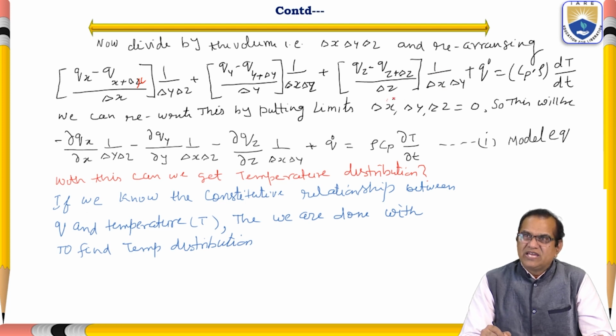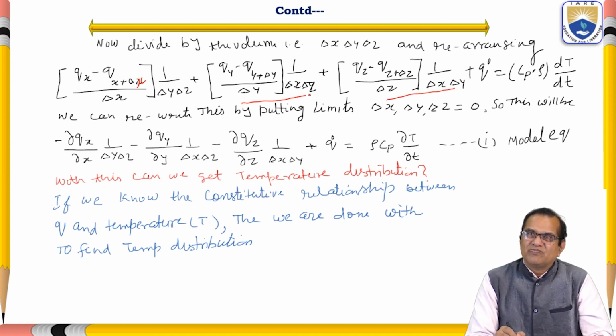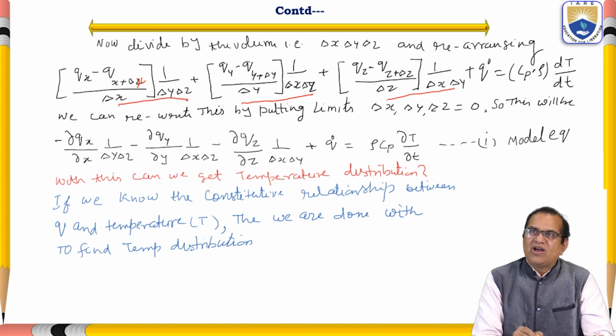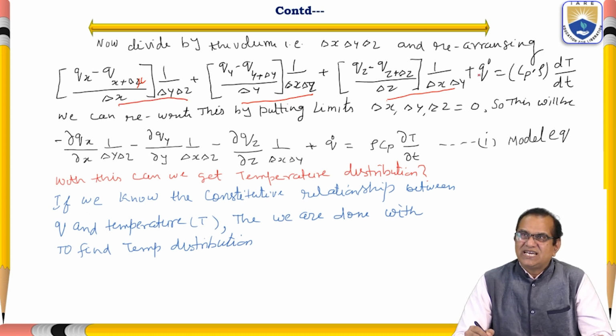So everywhere, if you see, these are the volume. We are dividing by the volume, and here this volume was there, so it is only Q dot, and here also the volume will go off. Here we will get Cp rho dT by dt.